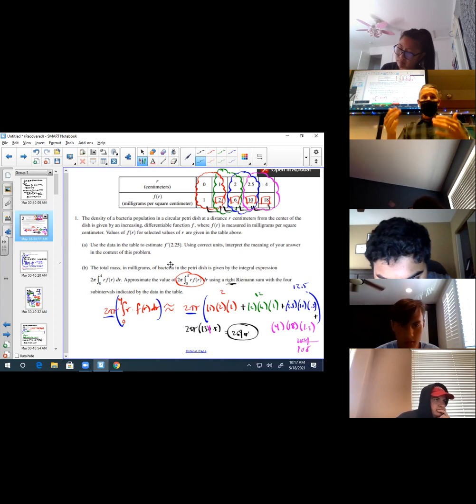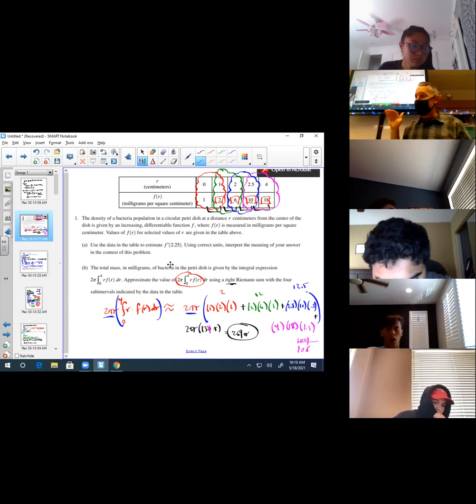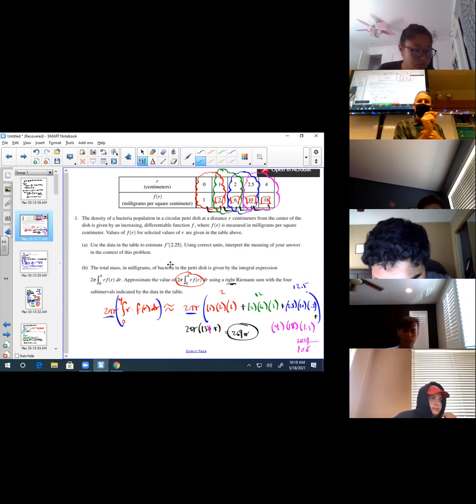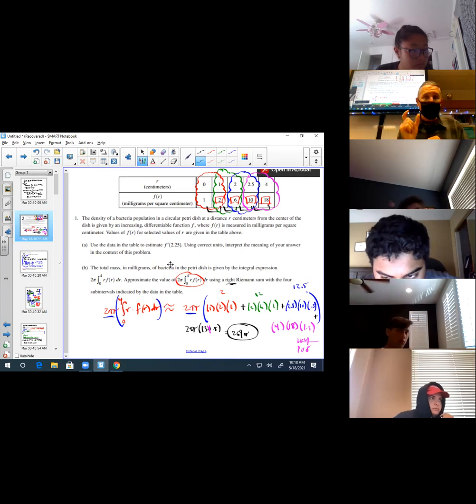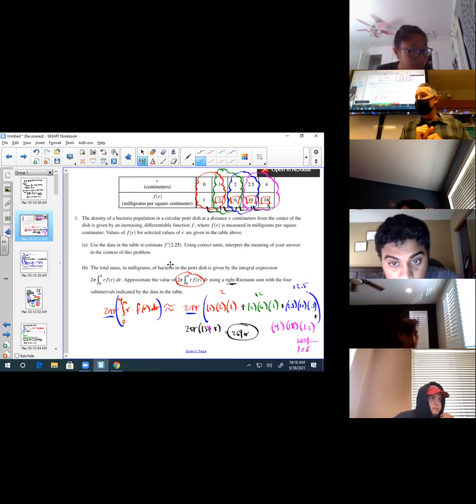Most of the time, you are asked to find a problem using a Riemann sum in the calculus book. We have equally lengthed subintervals, so our delta x we could bring out front. Here, and most of the time on the AP exam, the subintervals are not equally lengthed. In fact, the change in r for this was 1, 1.5, 1.5, right?